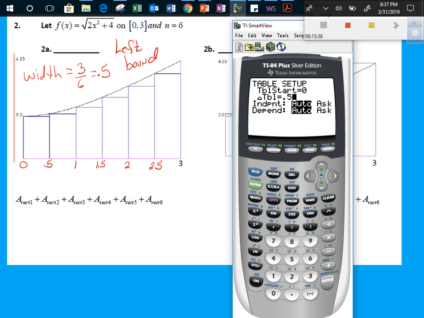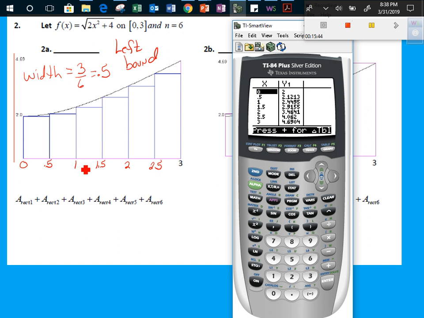Now, when I go into my table, I know the height of the rectangle at x equals 0 is 2. At 0.5, it's 2.12. At 1, it's 2.45. 2.92, 3.46. So you see where I get those numbers? I'm going to write them in there, and I'm going to use them for 2a and 2b.